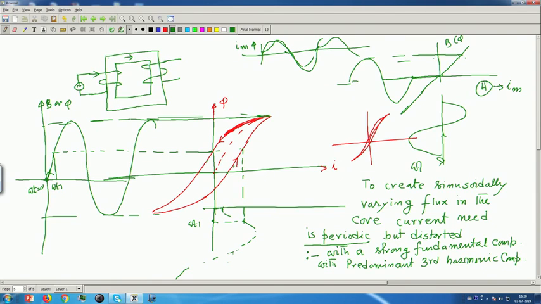Got the point? That is the exciting current in this coil.